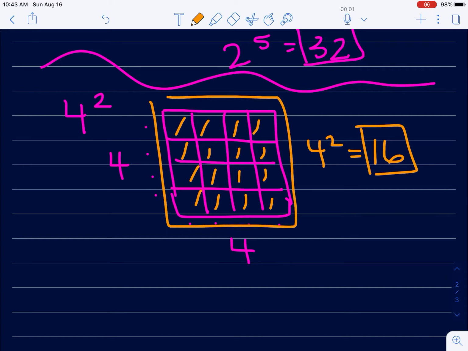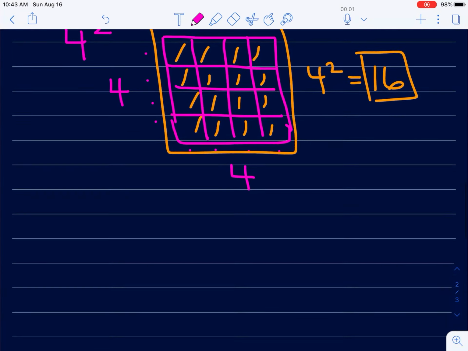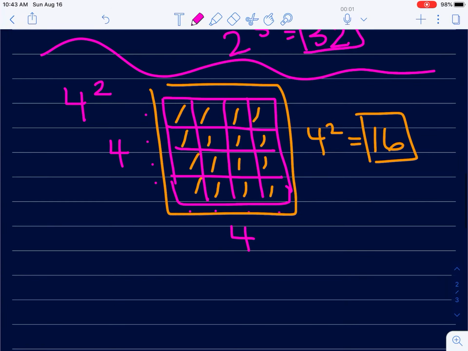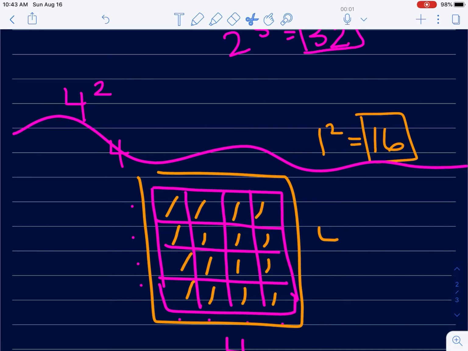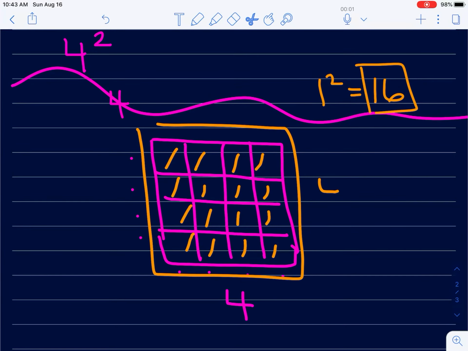Let's take it a step further. Let's say this was 4 cubed. That would mean we have this 4 by 4. Let me try to move this for 1 second. Now the third dimension would be this direction, 4.